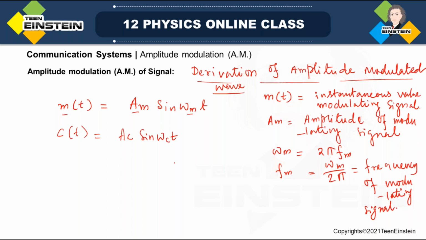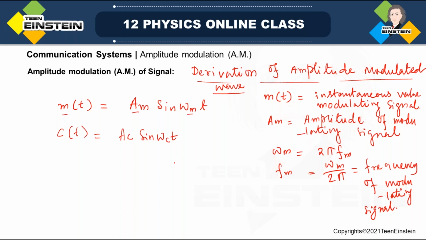All right. Now, we know the amplitude of the carrier wave changes according to the frequency of the modulating wave, right? That is what we know. The amplitude of the carrier wave varies at the frequency of the modulating wave.